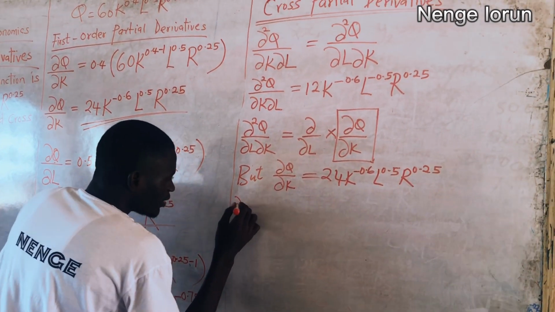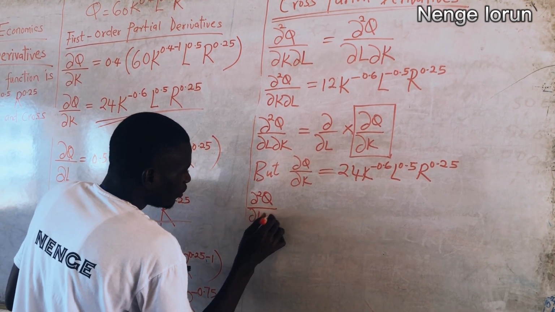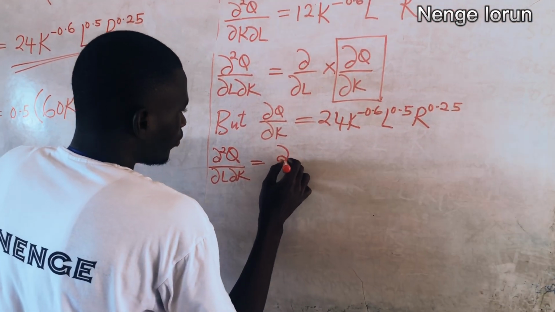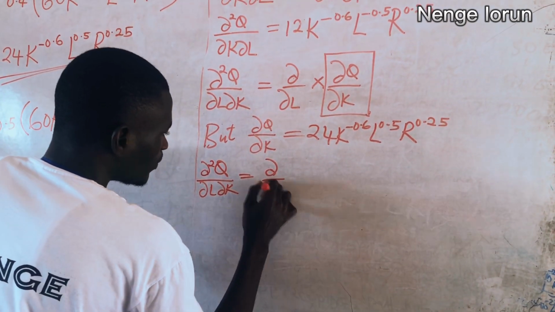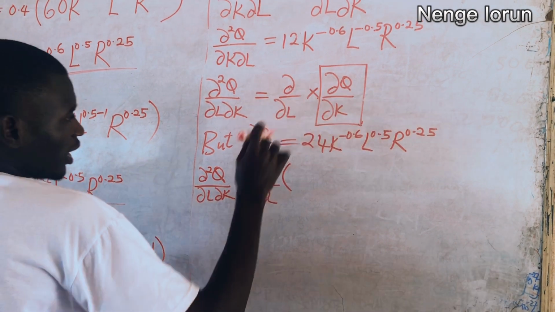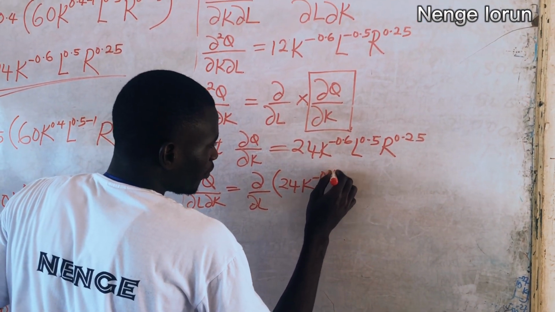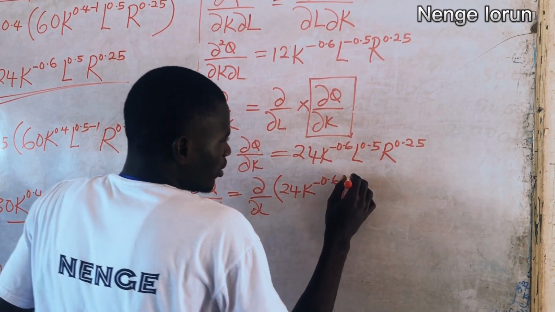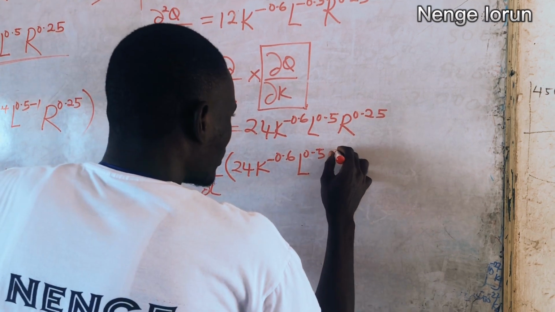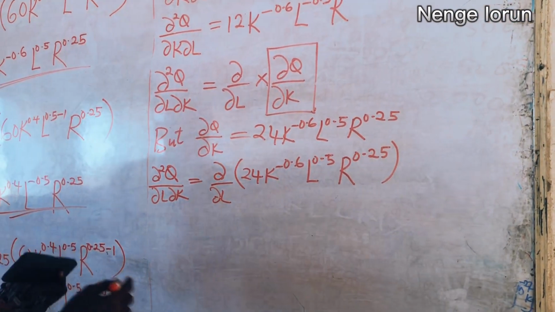You will have the second order cross-partial derivative of L with respect to k, which is equal to the cross-partial derivative with respect to L into, in place of this value now, you have 24 k raised to the power of minus 0.6 L raised to the power of 0.5 R raised to the power of 0.25.